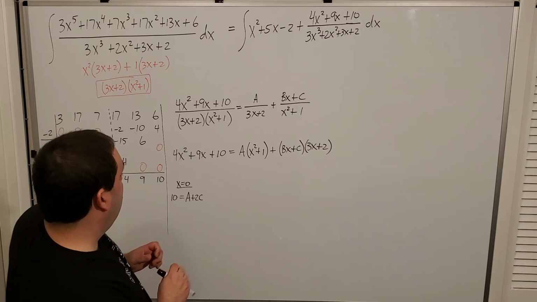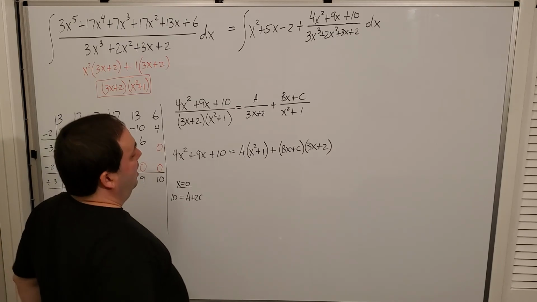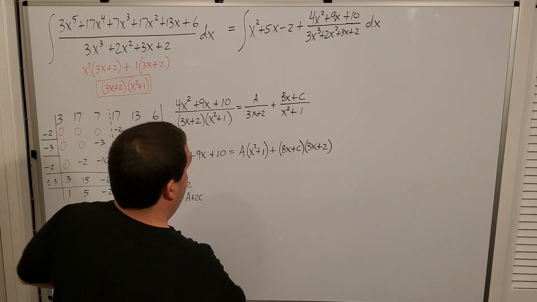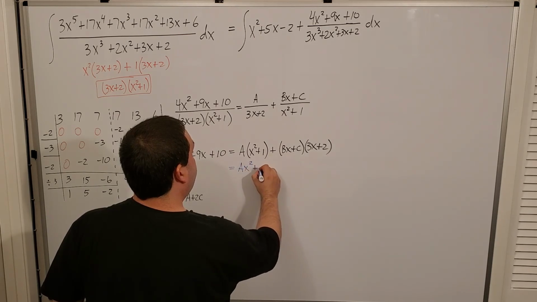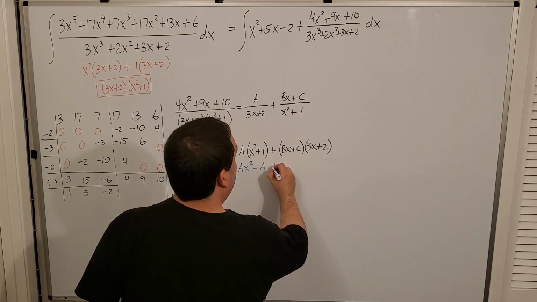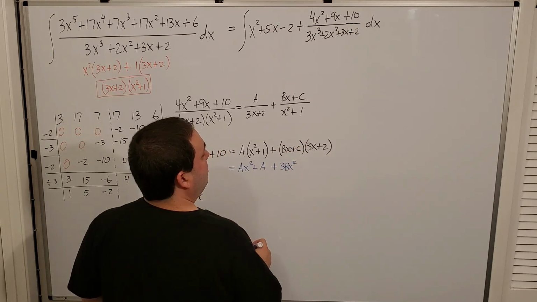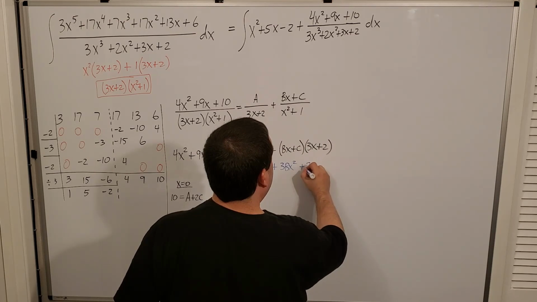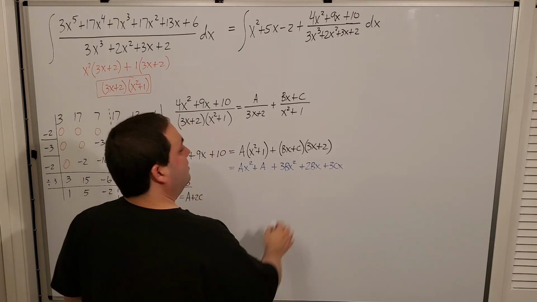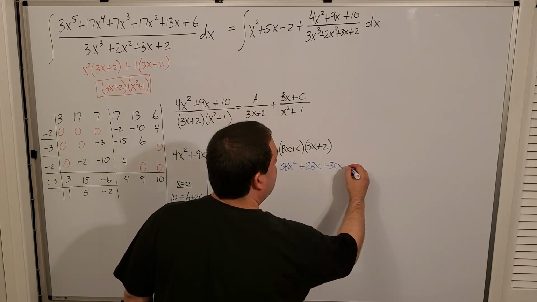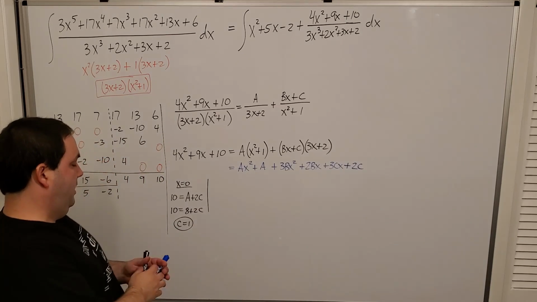Let's do some more comparisons. Okay, so if I multiply out everything here, I'm going to have that this is equal to Ax squared plus A plus 3Bx squared plus 2Bx plus 3Cx plus 2C. All right.